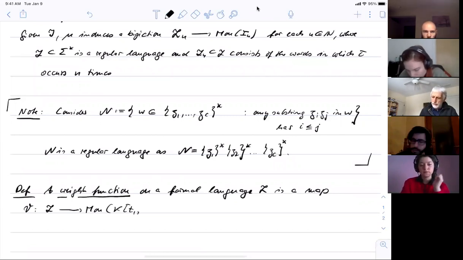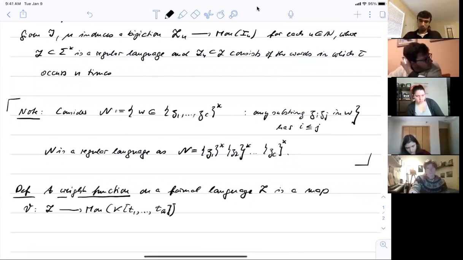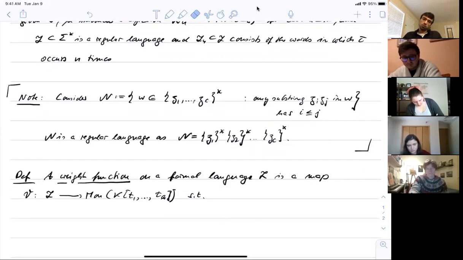So let's say now we call the variables t_1 up to t_k, and then we take monomials, and we have two requirements on the map. First of all, the empty word should have weight 1.